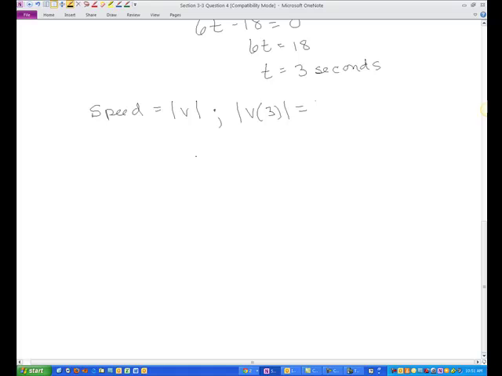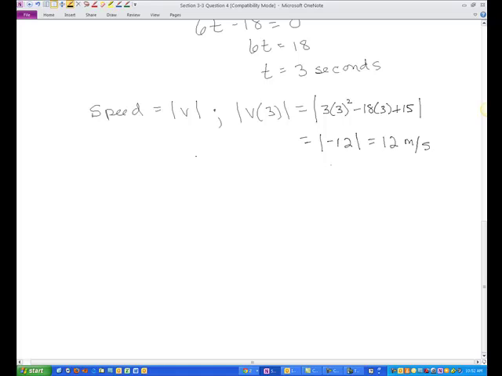So we're going to do the absolute value of 3 times t squared, where our time is 3 seconds, minus 18 times the 3 seconds, because it's 18t, and then plus 15. And this problem is really annoying because if you calculate that out, you get the absolute value of negative 12, which of course is 12 meters per second.